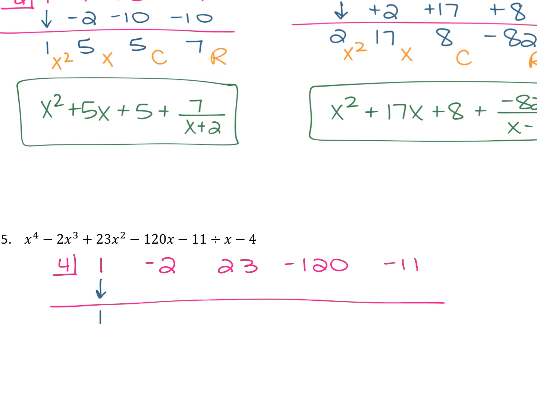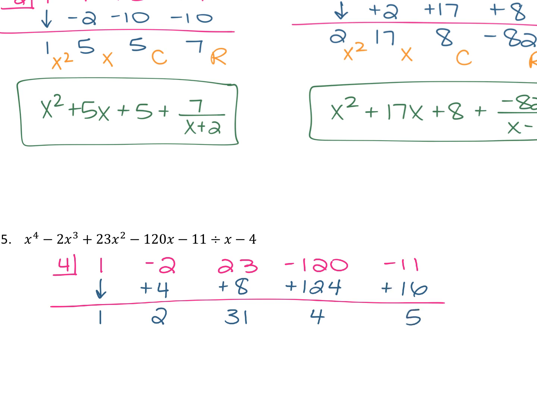Drop your 1 down. 1 times 4 is positive 4. 4 minus 2 is positive 2. 2 times 4 is 8. Your 23 plus 8 gives you 31. 31 times 4 is going to be 124. Minus 120 is positive 4. 4 times 4 is 16.